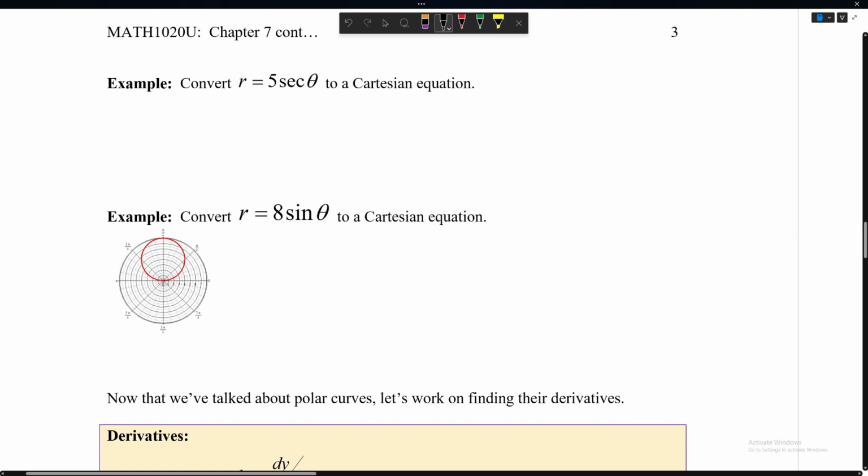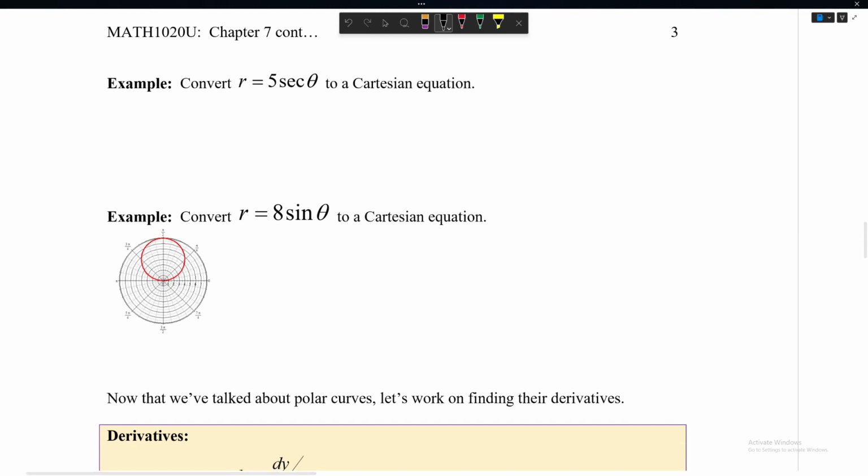Now the other part is converting 5 secant theta to Cartesian. The easiest way is the same way we were doing earlier. What can I do with secant? Can I put secant in terms of x and y? Let's see. My secant is 1 over cos, so secant theta equals 1 over cos theta. Now what is my cos?